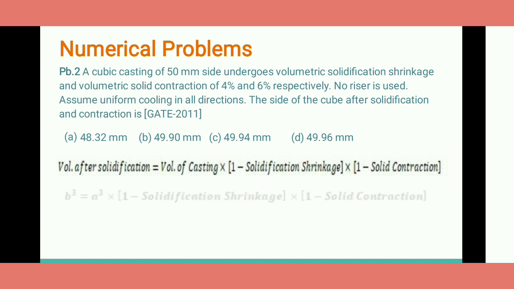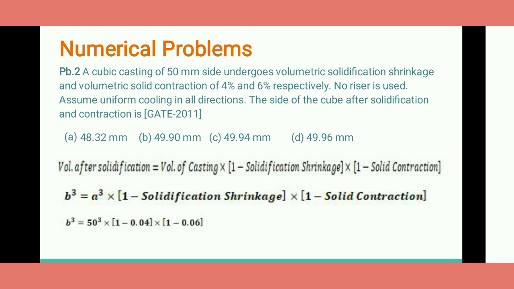Okay, so I'm using B as the side of the solidified casting, and for the casting, that is 50, that is A. The remaining are the same. So when you put in these values, A is equal to 50, and 1 minus solidification, that is 0.04, and this is 0.06.